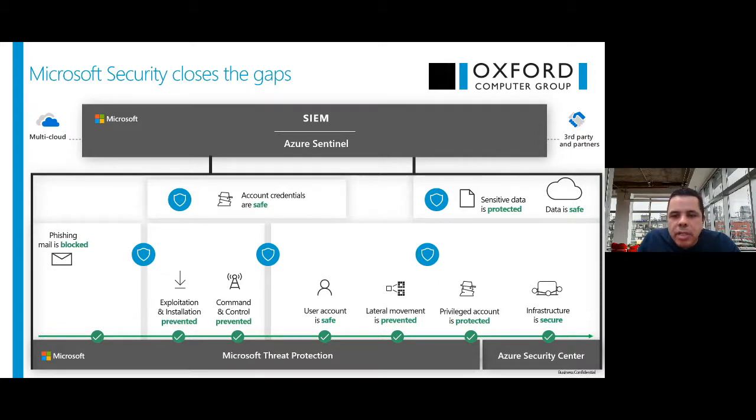Consistent and rich signals are shared from Microsoft Defender and the Azure Security Center to Microsoft's cloud-native SIEM, which is Azure Sentinel, as pictured here. And Sentinel is able to provide that visibility across the clouds, integrates with third-party and partner security solutions, and uses automation and AI to streamline security operations and improve threat detection, response, and remediation.